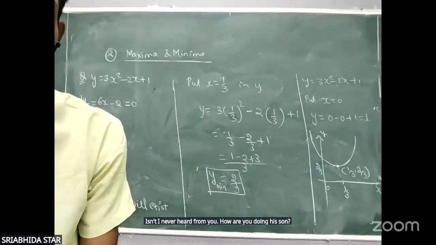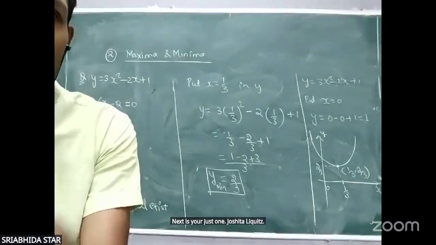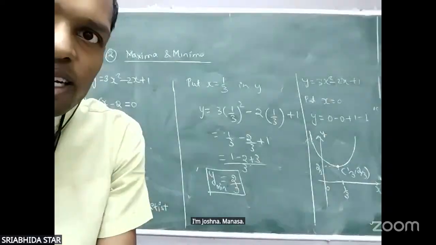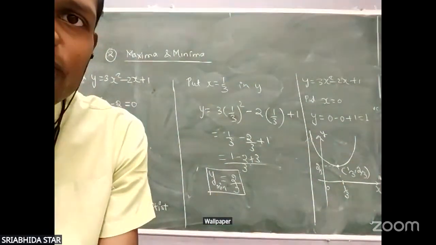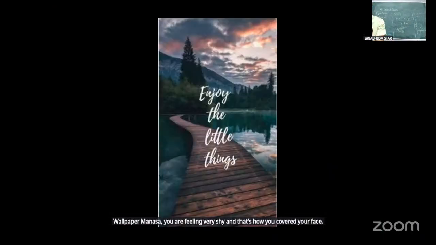Next is your Jashwant, Joshita, Likhit Raj, Joshna, Manasa. What is that wallpaper, Manasa? You are feeling very shy, and that's how you have covered your face. Next is Mohana. Next is Moksha.